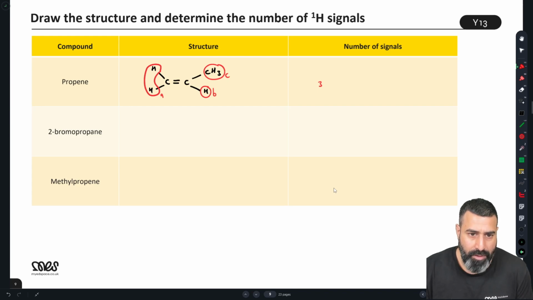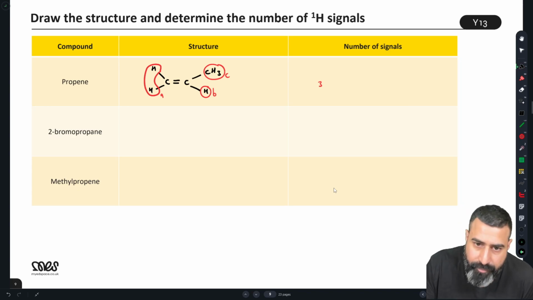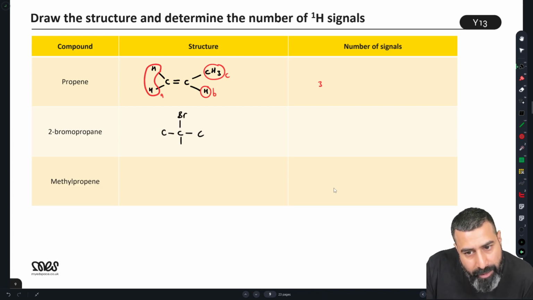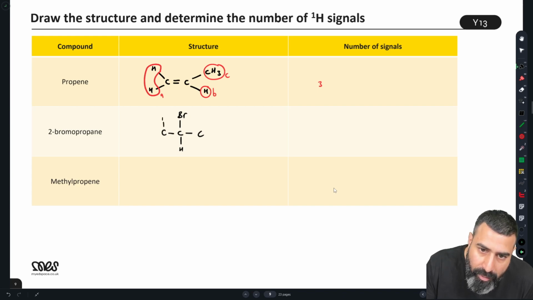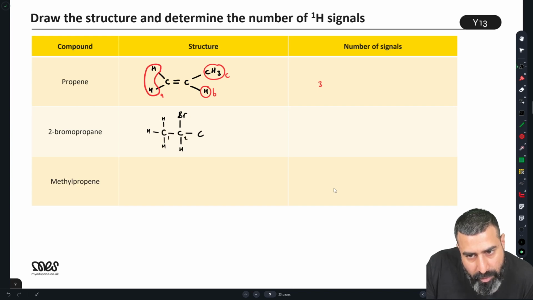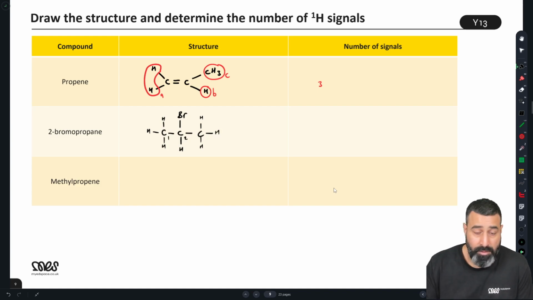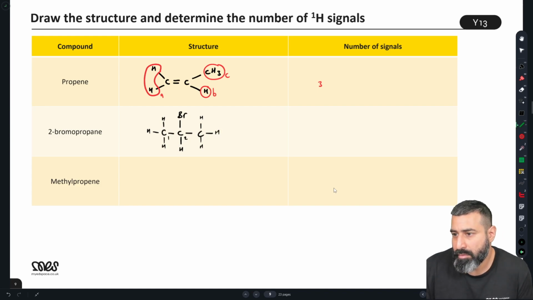Okay, what about 2-bromopropane? All right, cool. So 1, 2, 3 carbons in a row. Bromine on that carbon. Okay. Straight away I'm seeing a plane of symmetry.